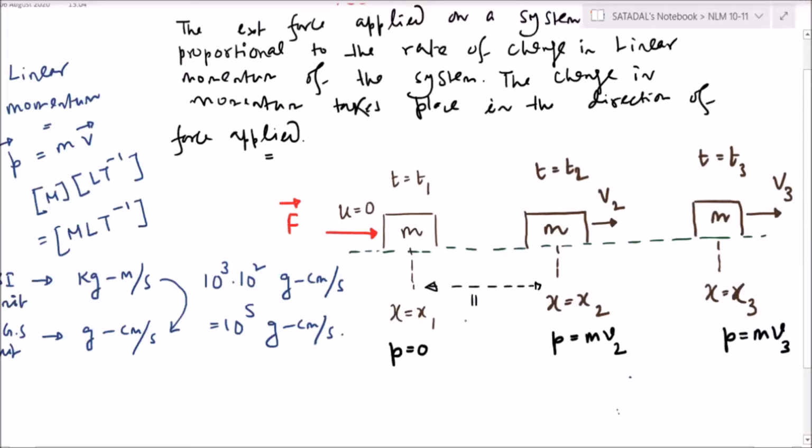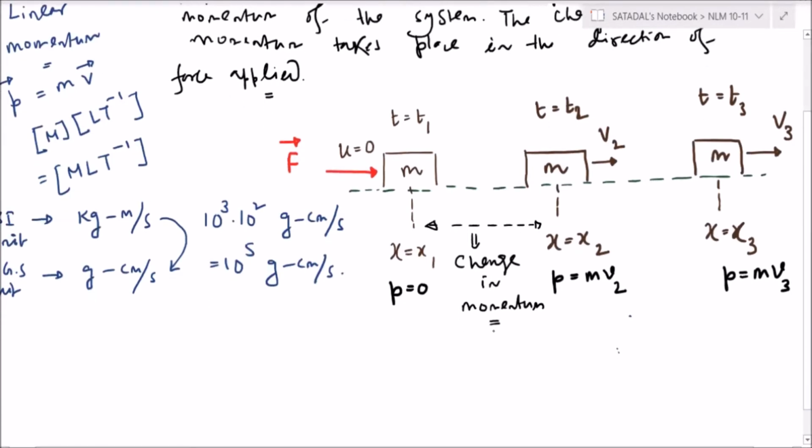So now next check that in this interval of time, what happens to the change in momentum? So change in momentum, delta p vector will be equal to p final minus p initial.